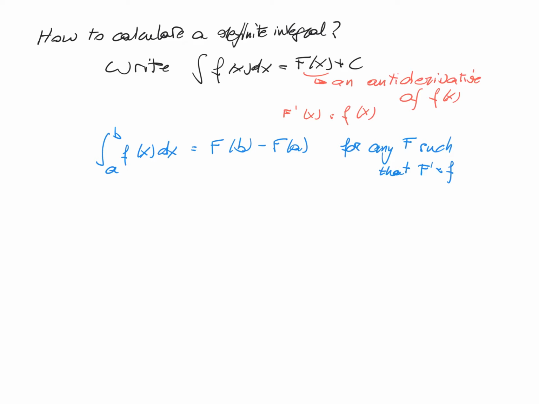To calculate a definite integral, what we need is one of the antiderivatives. It's not important which one. Now we take this antiderivative in the upper boundary minus the antiderivative in the lower boundary. Clearly, the constant is not important, because the constant cancels out in the subtraction anyway.